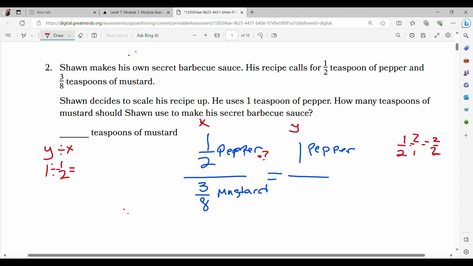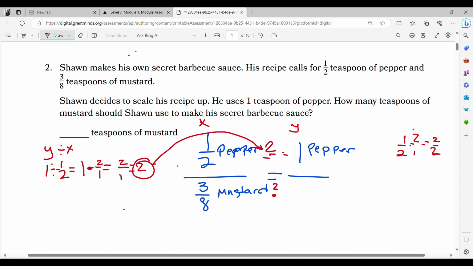Use our keep change flip, Kentucky Chicken Fried, 1 times 2/1. 1 times 2 is 2. 1 times 1 is 1, still equals 2, which gives us our rate. This becomes our rate here. So 1/2 times 2, or 2/1, same thing, equals 1. So we're going to do that to the mustard.